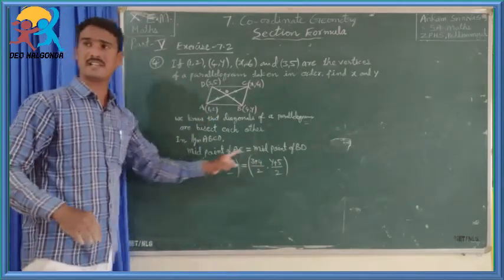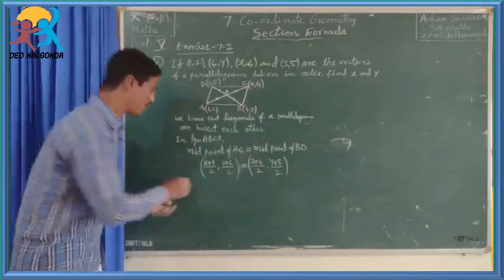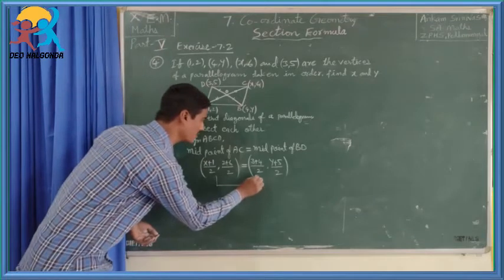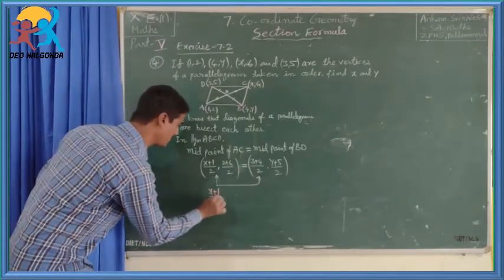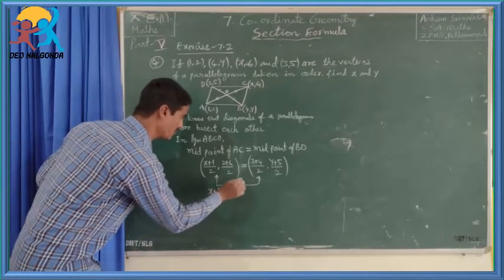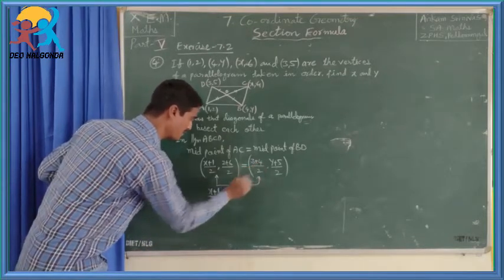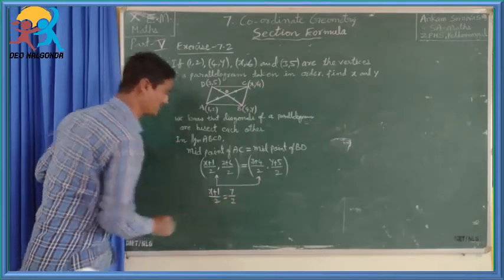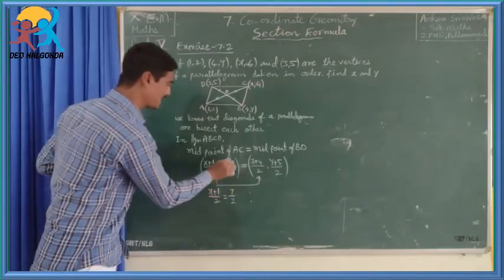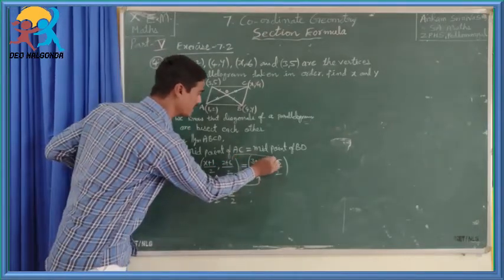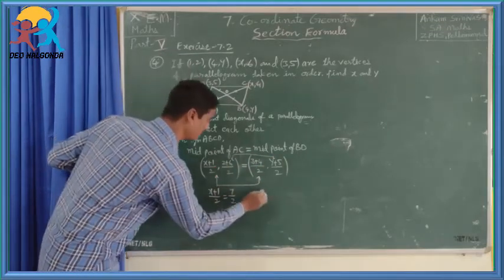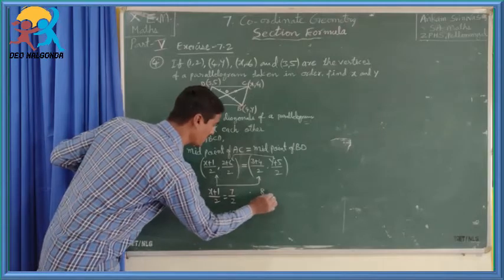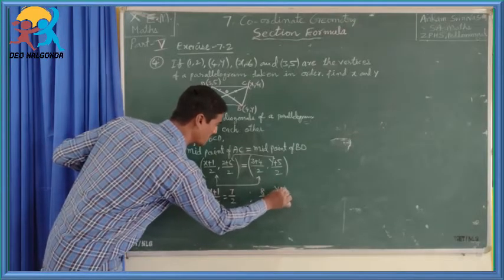When two points are equal, first coordinate equals first coordinate. That means x plus 1 by 2 equals 3 plus 4, 7 by 2, and second coordinate equals second coordinate: 2 plus 6, 8 by 2 equals y plus 5 by 2.